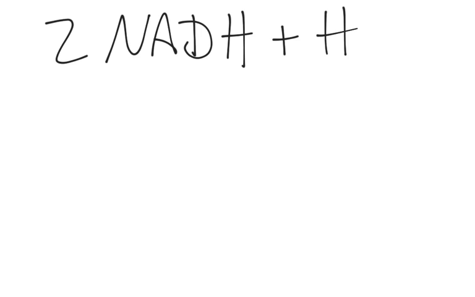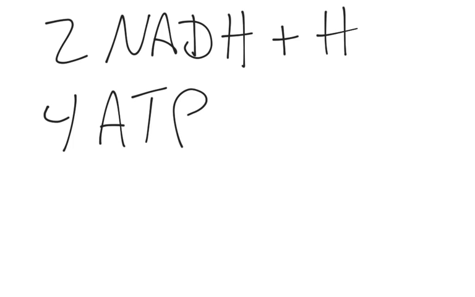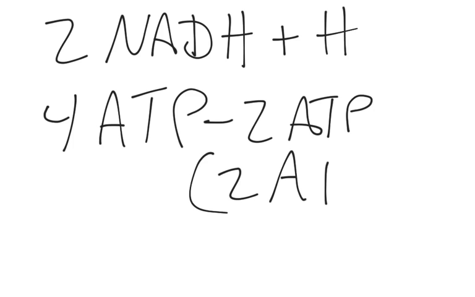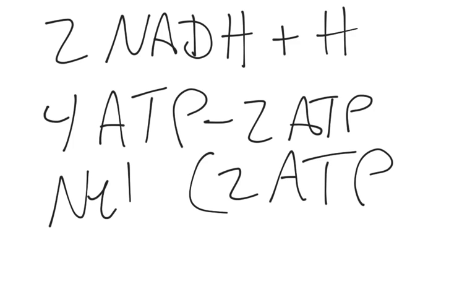And then we get 4 ATP gross, but how many did we use? 2. We used 2. I think you said last time you used 4. No, we gained 4 through the process. So 4 minus 2 is what? 2. All right, so our net ATP is 2.